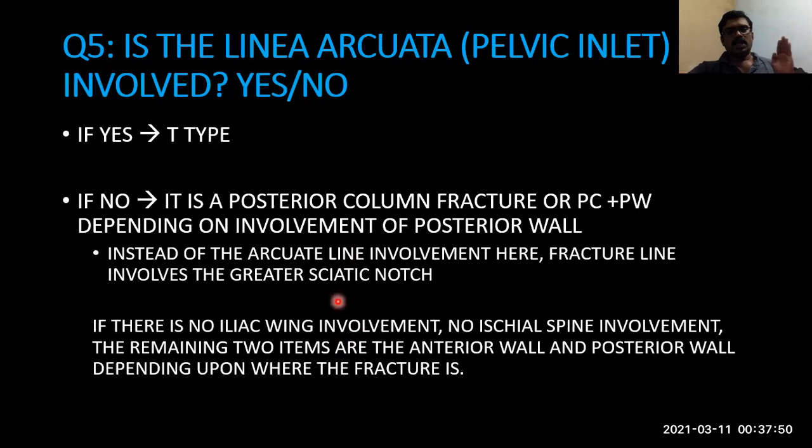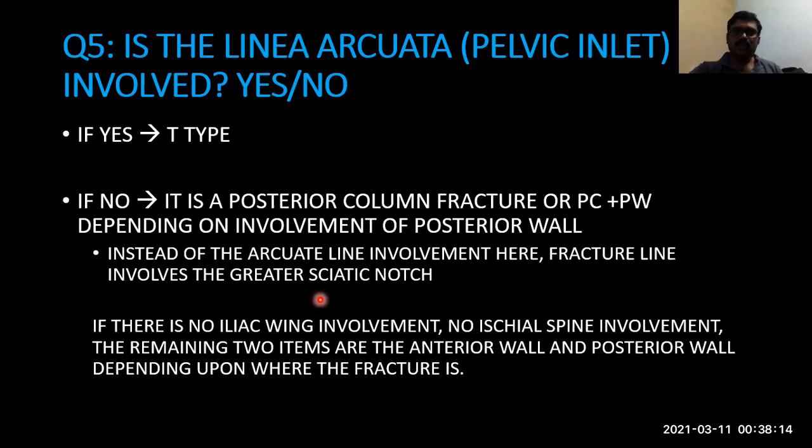Now, if there is no iliac wing involvement and no ischial spine involvement, the remaining two items are the anterior wall and the posterior wall, depending upon where the fracture is. So, by asking these five questions, we can make a more or less accurate classification of the fracture by looking at the X-ray.